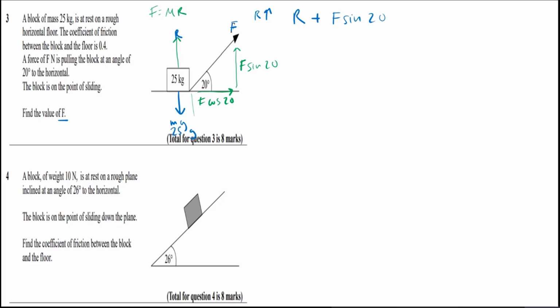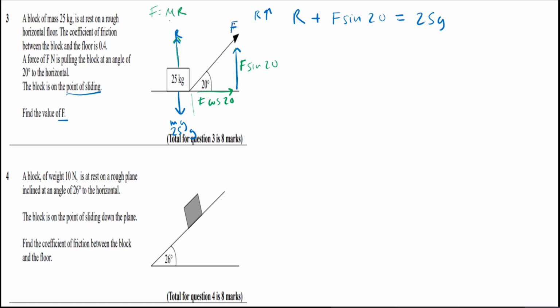So that's the only force acting up, R, and this one here gives us the 2 forces acting up. So it's got to equal, because it says it's on the point of sliding, it's virtually like treating it like it's in equilibrium. So that's got to equal 25g.